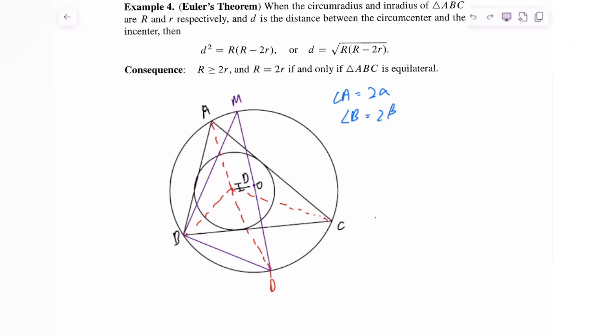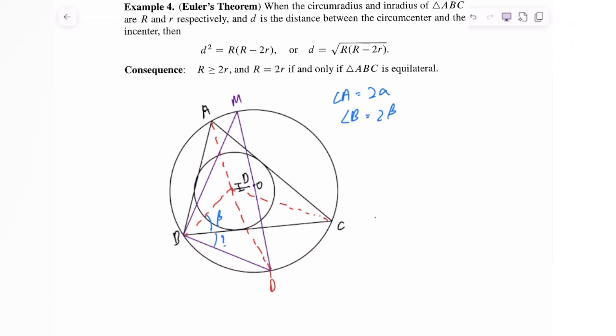Okay, so now I want you to consider angle IBD. In this angle that we're considering, we know that this is beta, but we just don't know this.